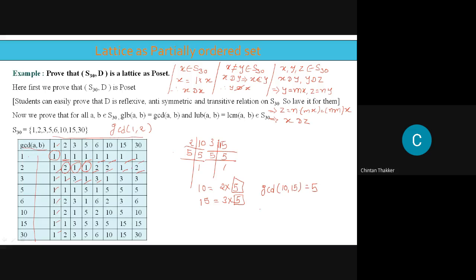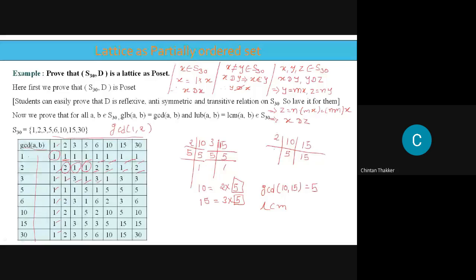And what is the LCM? For LCM, we use this method. Write 10 and 15 together. Now first we divide by 2. If we divide by 2, this is 5, and this is as it is, 15, because 2 does not divide 15. Then we divide by 3.